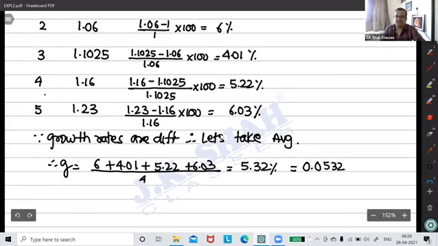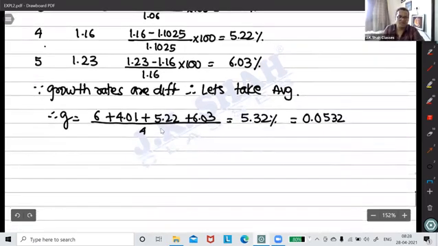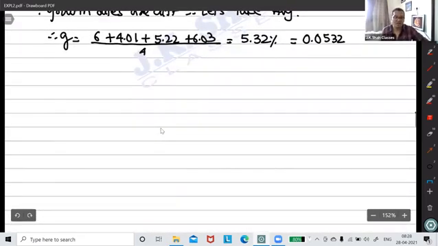We need to add it like that also sometimes at the end. So first of all, we will write D1. What was the last dividend? 1.23, correct? 1.23 plus growth, that is 5.32%.